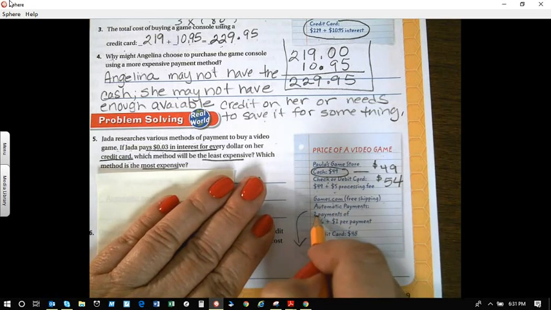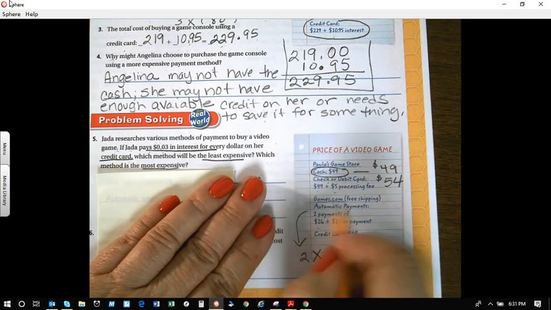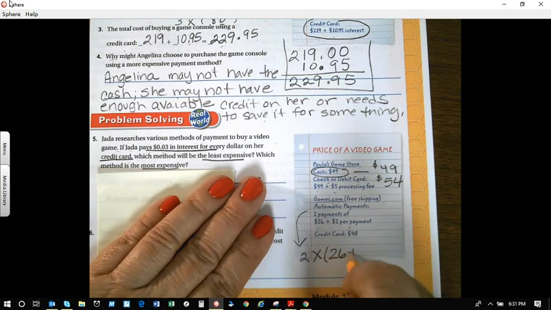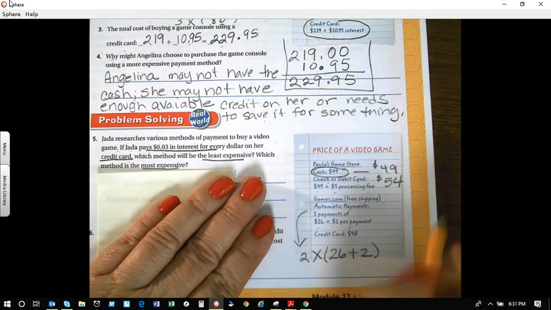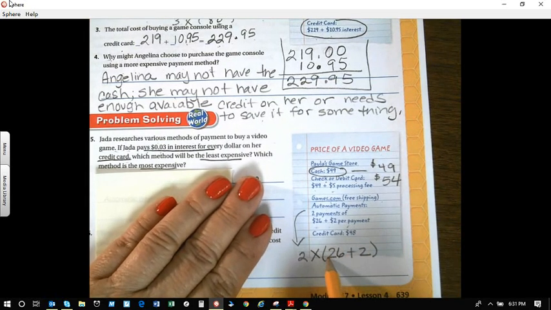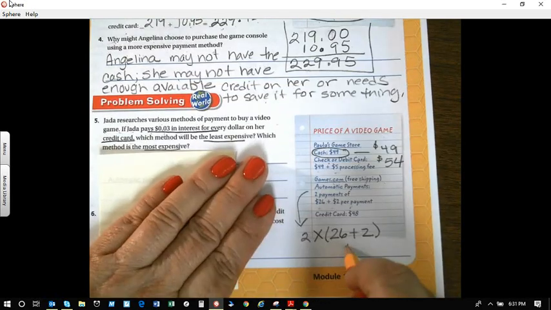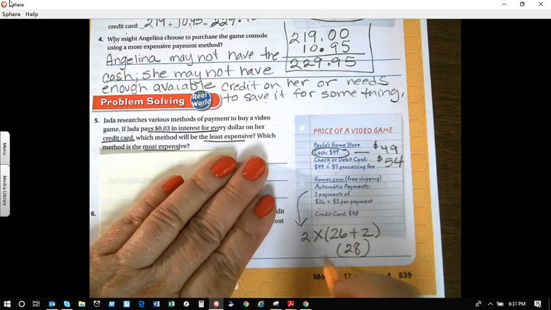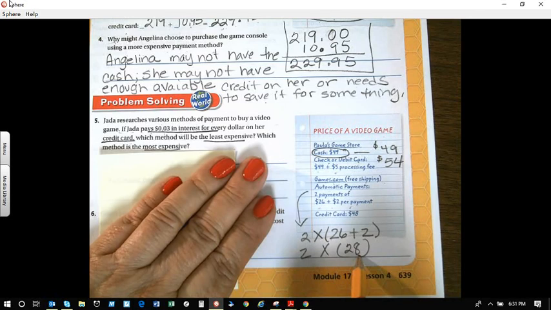I'm going to have 2 payments, so 1 for each month, times $26 plus $2 per payment for every month. So what is 26 plus 2? 28. Very good. Now I'm going to make 2 payments of $28. So what is 2 times 28? Very good. It's going to be 56.